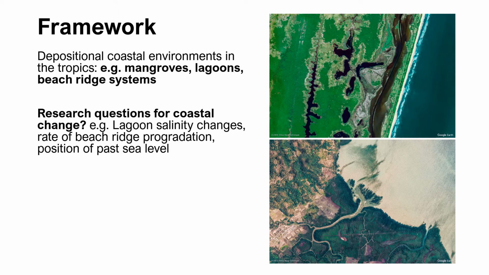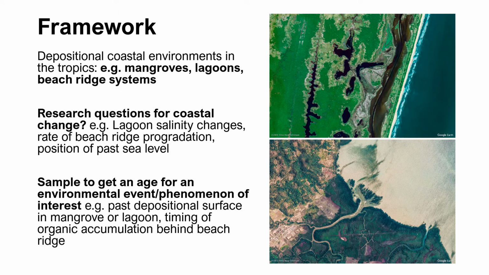If I wanted to find out about past salinity changes in a lagoon, I would want to get an age for the past depositional surface in the lagoon. And if I wanted to find, say, the position of past sea level, I would want to get an age for the past depositional surface in the mangrove. So it's really important to think about what event or environmental phenomenon you are trying to get an age for.